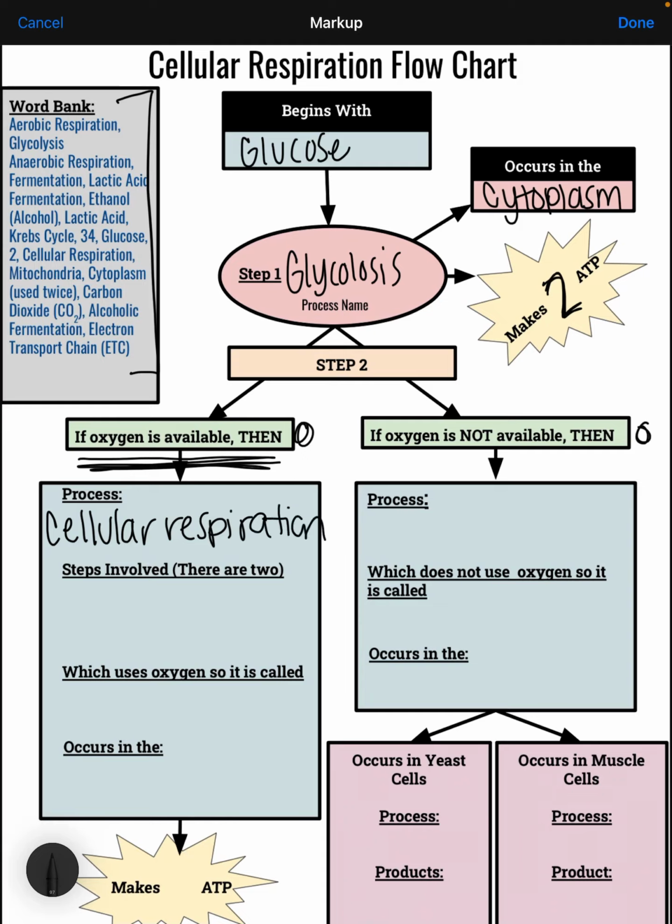There are 2 steps in cellular respiration following glycolysis, and that is called the Krebs cycle and the ETC, or the electron transport chain. Both of these are more efficient because they use oxygen. When we use oxygen, we call this form of respiration aerobic, like aerobic exercises.